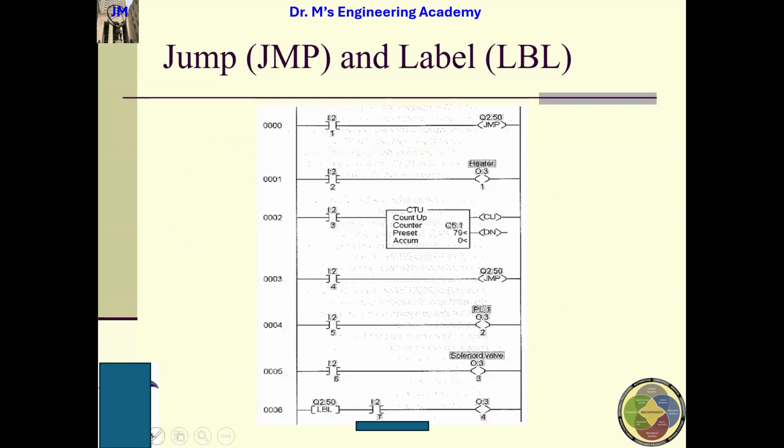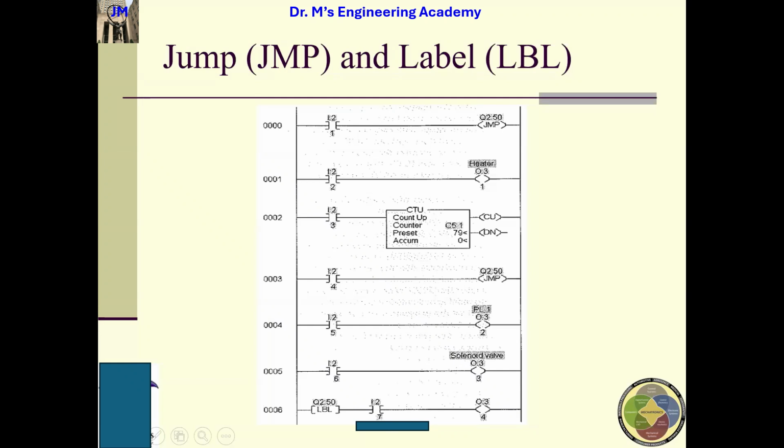So here is one example, a jump. So this is jump, okay? I jump, and if this condition is met, the system is going to jump from here to this label. So it means that if this condition is met, all these rungs will be skipped.